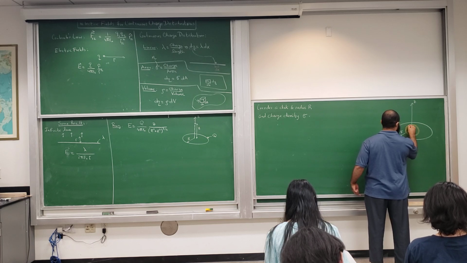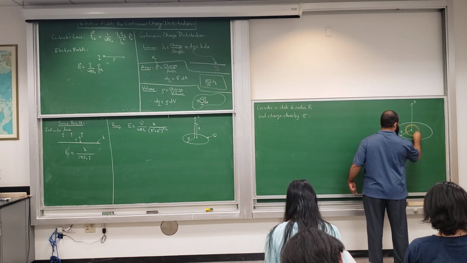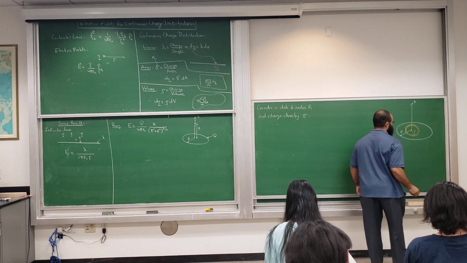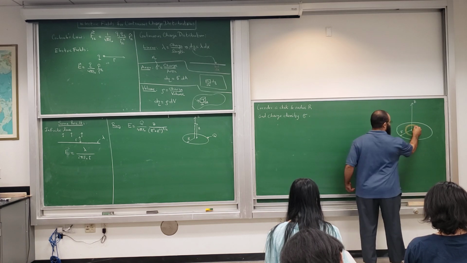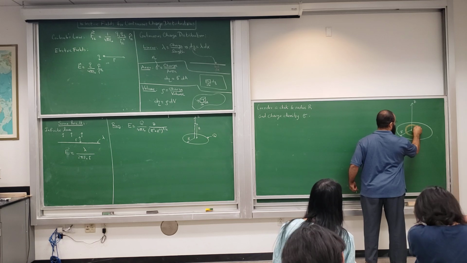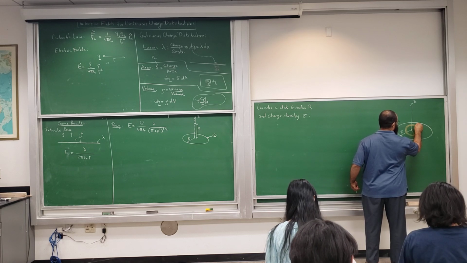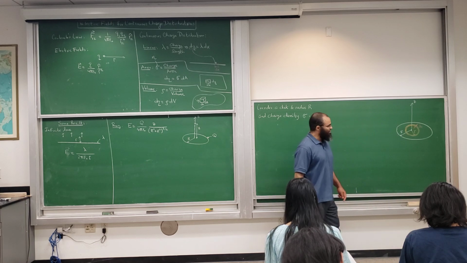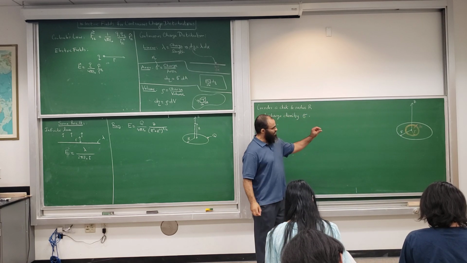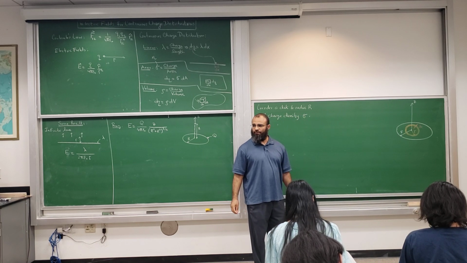That's the ring. The radius of the ring is little r, and the width this way is dr.